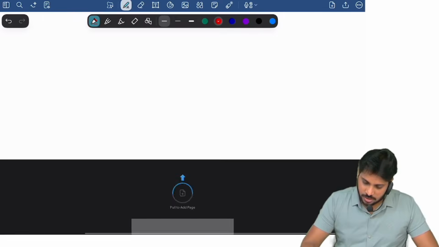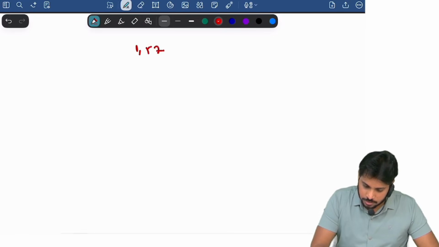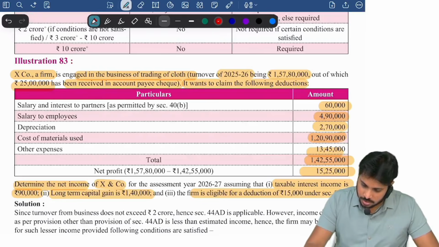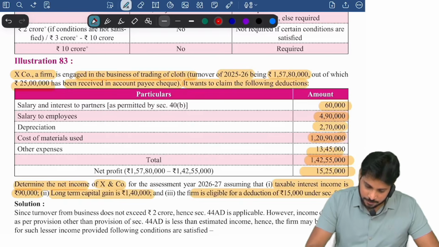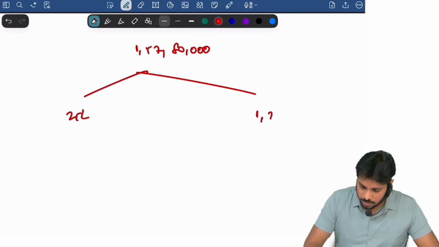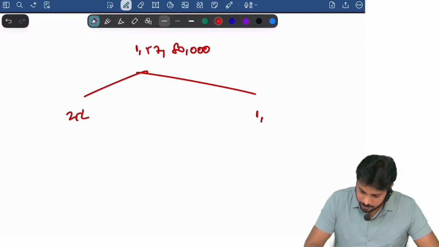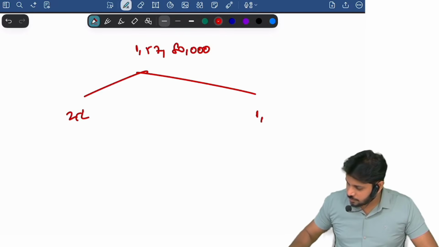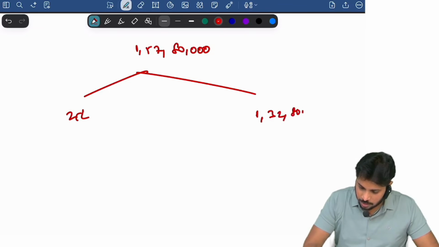How much is the turnover? 1 crore 57 lakh 80,000. Am I right? How much is through account payee cheque? 25 lakhs. Balancing figure is 157 minus 25, 132, which is 1 crore 32 lakh 80,000.